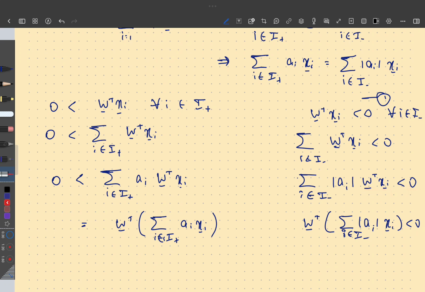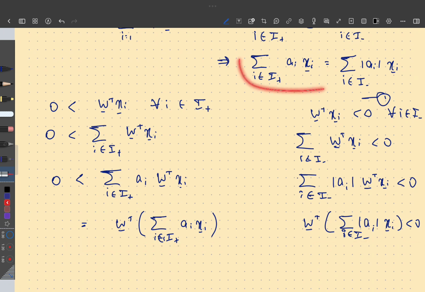But just by linearity, the left quantity is nothing but W transpose times the summation of a_i x_i for i in I plus, and the right hand side is W transpose times the summation over i in I minus of mod a_i x_i. But this quantity should be strictly greater than 0 and this quantity should be strictly less than 0.